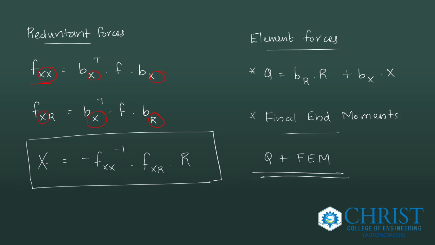And finally, X, that is the redundant force, is equal to minus of Fxx inverse dot Fxr dot R, this into the load matrix with a minus sign and an inverse is being taken. You have to study this formula. And finally, element forces is BR dot capital R plus Bx dot X. X we have found out from this step. Then final end moment is element force Q plus fixed end moment, we will add that.